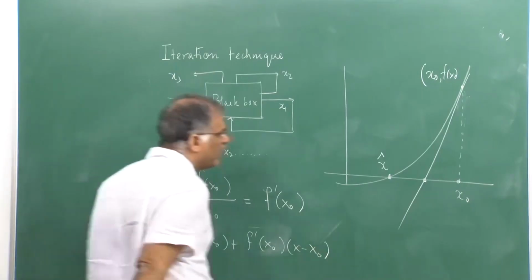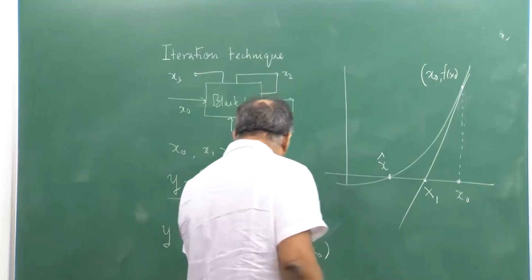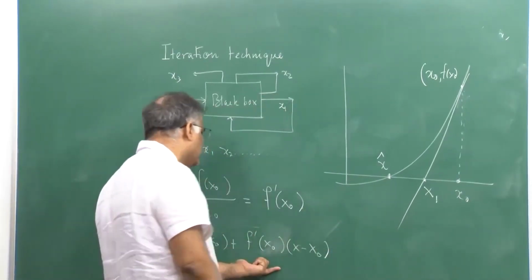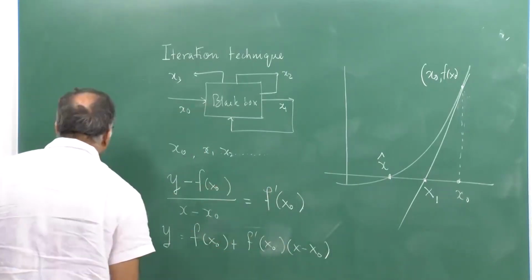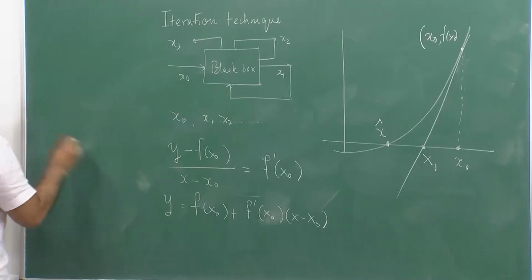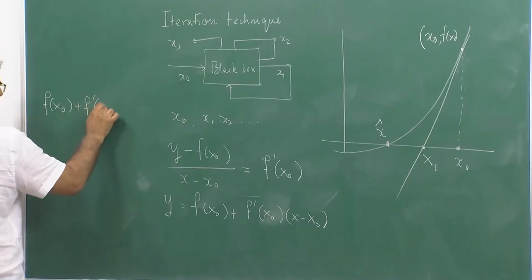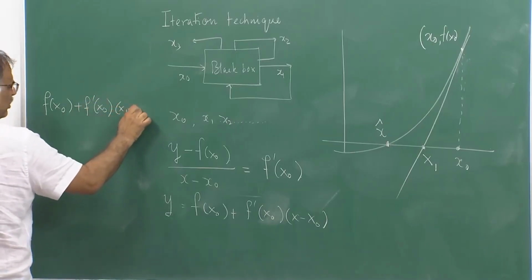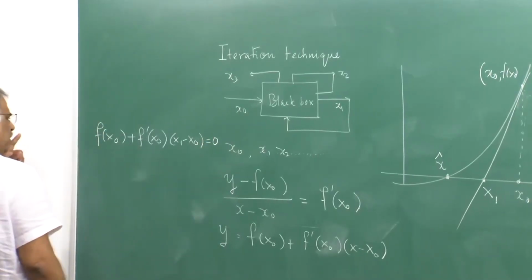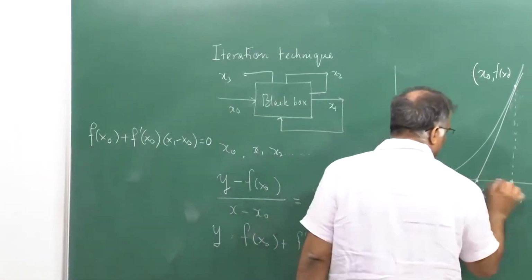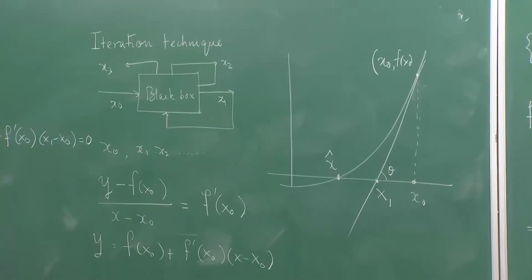So, our first attempt to get x1: x1 is my solution to the fact that this must be equal to 0. That is, I want to ask, what is that x for which the tangent line cuts the x axis? If x1 is that point, then f(x0) plus f dash x0 into (x1 minus x0) is 0. You can see from the diagram that tan of theta is not 0, so f dash x0 is not 0.